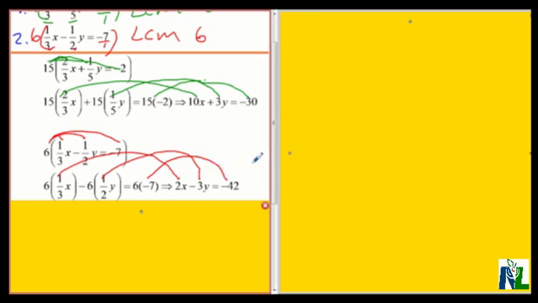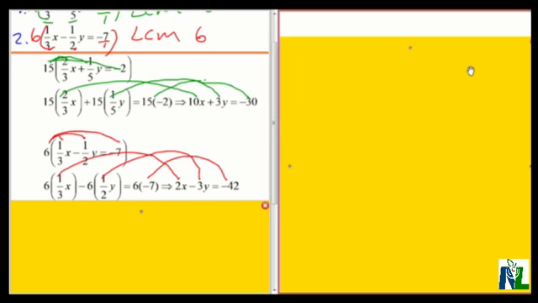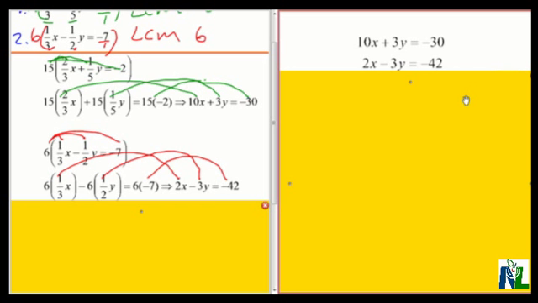So I'll get 2x minus 3y equals -42. This equation will be equivalent to equation 2. So I have 10x plus 3y equals -30, and 2x minus 3y equals -42. I'll call this one equation 3, and this one equation 4.